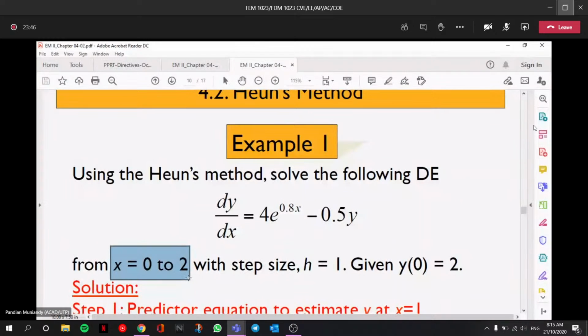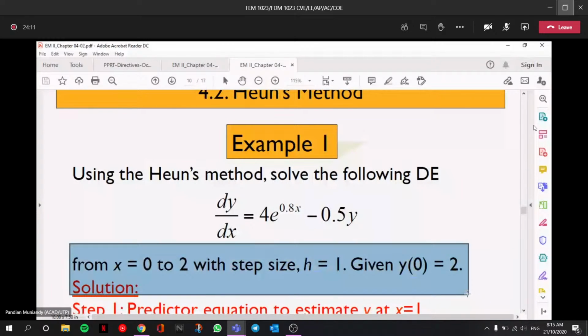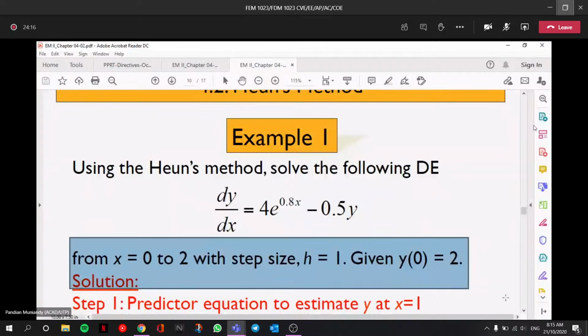So you are given the interval 0 to 2, with the step size h equals 1. Now this one you must understand. Given y0 equals 2. So this statement must be clearly understood, otherwise you will have different values.